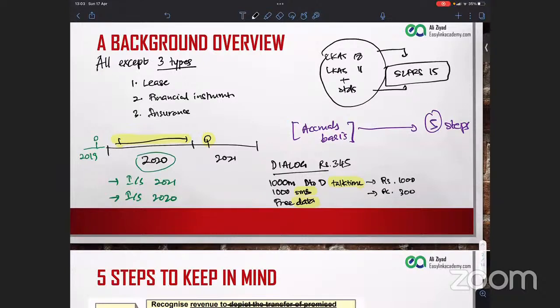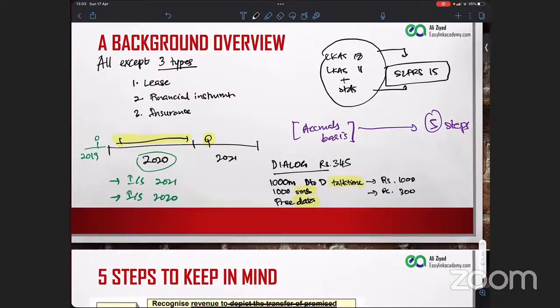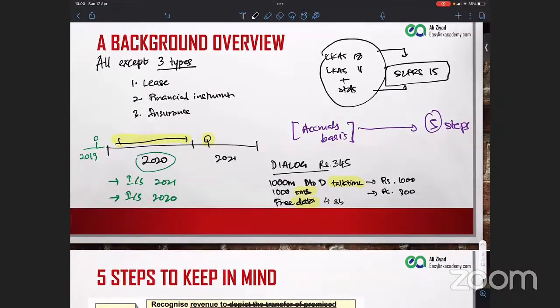And how many GB do they provide in this? Let's say 4 GB. For 4 GB, how much will it cost, guys? Dialog for 4 GB?